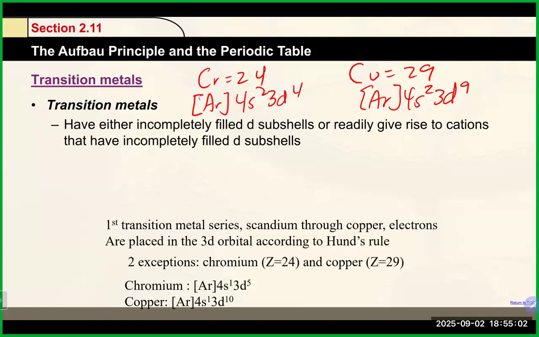Now, the exception is it's been found experimentally that each of these guys is a lot more stable with 1 extra electron up in the d orbitals than they are in the s orbitals. And that is super easy to achieve because these guys, by the way, in terms of energy, are super close to each other.